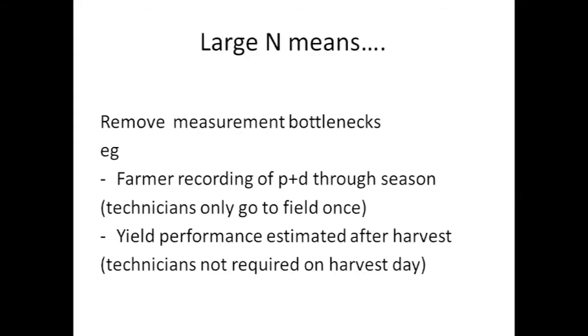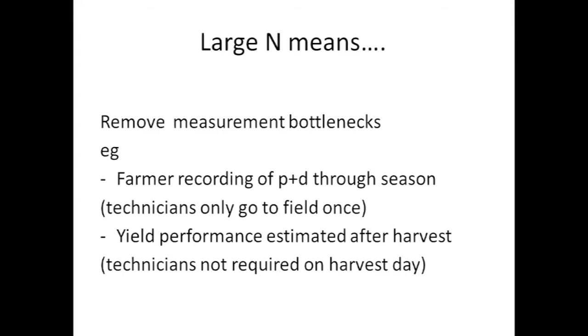And that also is relevant when we think about what it means to do large N trials. Essentially, if we're thinking about measurement and large N trials, the key thing is to remove bottlenecks. By bottlenecks, I mean those points in the whole research process which make it difficult to work with large numbers of farmers.